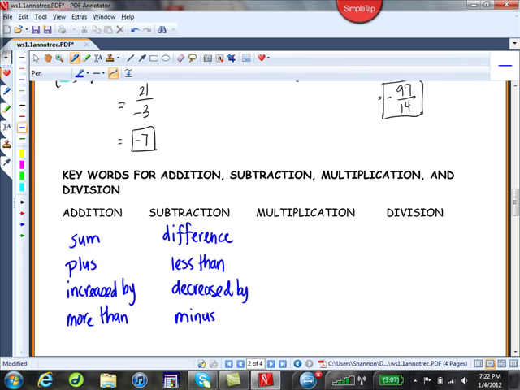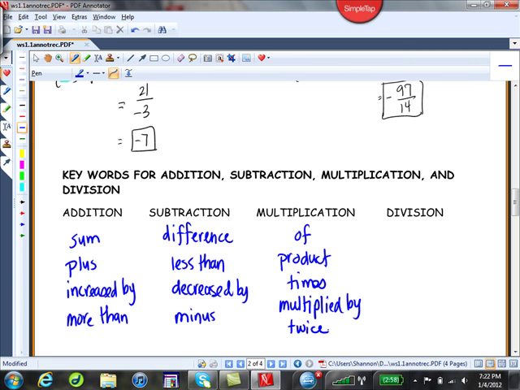Here, this little tiny word gets people all the time. Of. Of means times. Right? Product. Times. Multiplied by. Twice. All of those are examples of multiplication.